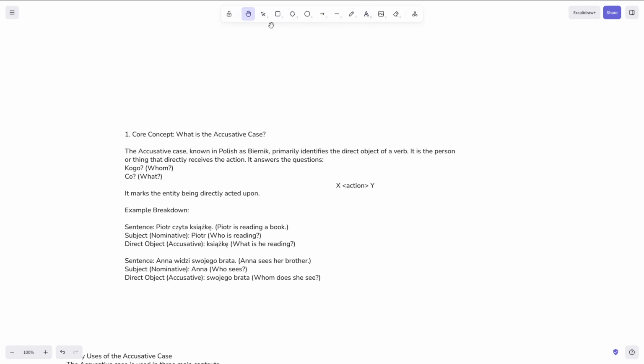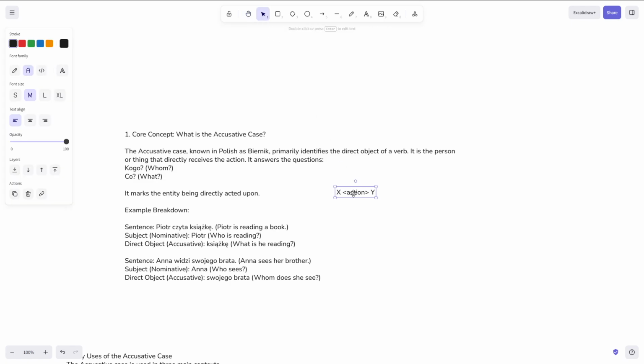So I have already used this simple formula X action Y in previous videos, so I hope you get it. So it's basically this case right now, okay? So in the last video we were talking about the dative case, and the dative is used when discussing the Z in this formula, okay?